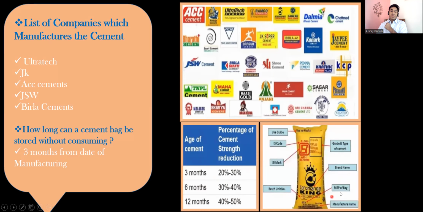The price of that particular cement bag, MRP of the bag, manufacturer's name, batch unit number, ISI mark, IS code. This is also important. We'll take up the IS code a bit later. And use guide, that is use no hooks. You cannot use the hook since there's a fine particle in that. So those things will be written. So just have an idea regarding this. They may even ask you a question, what may be written on the cement bag, right?